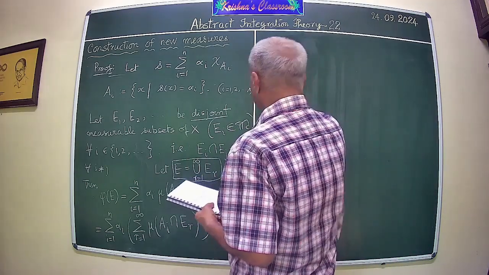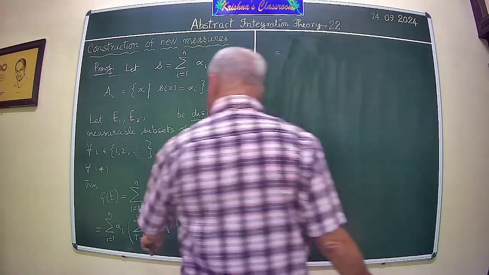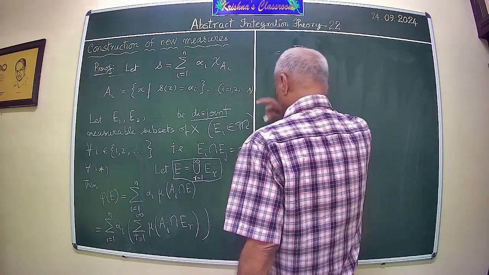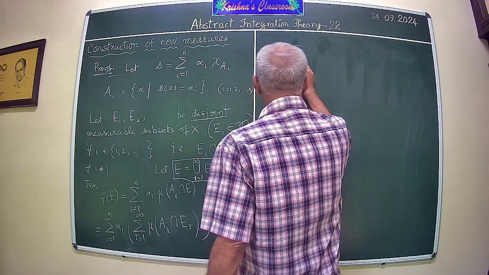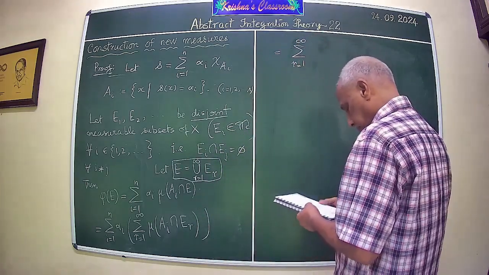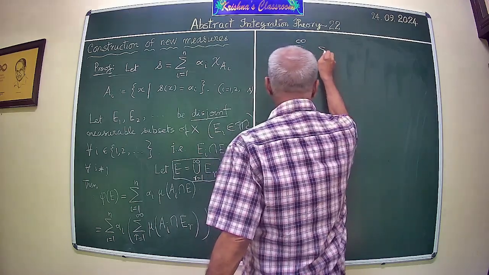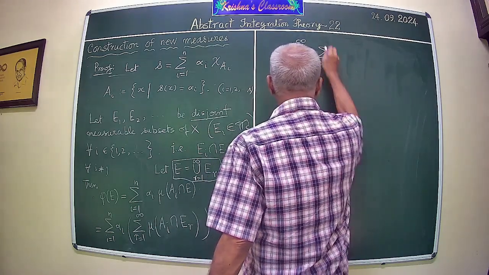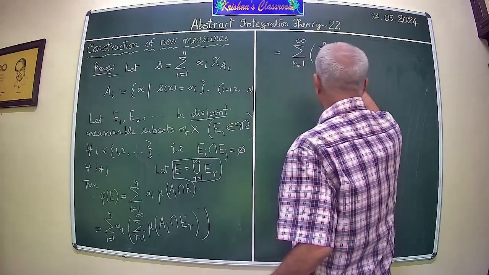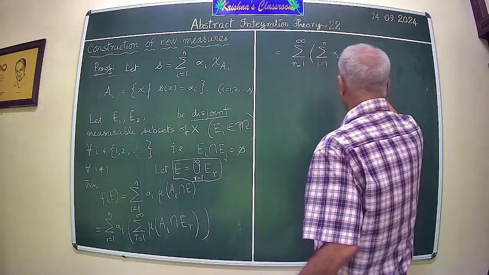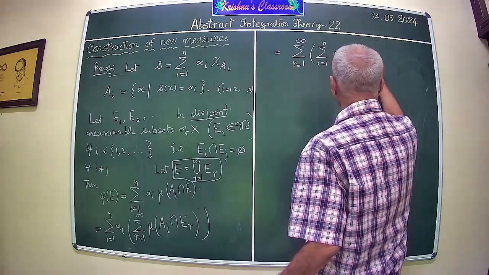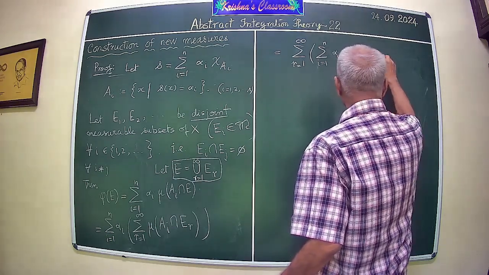This is equal to, now we can interchange the summation. It commutes actually: sigma r from 1 to infinity, sigma i from 1 to n, alpha_i mu of A_i intersection E_r.